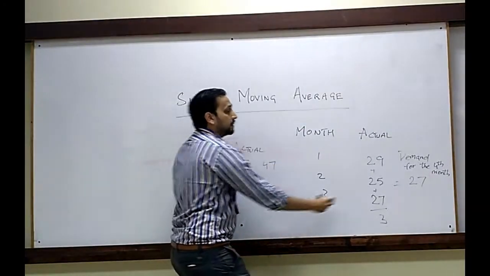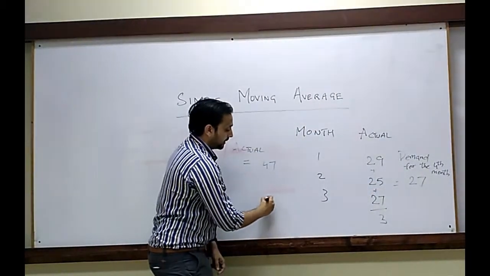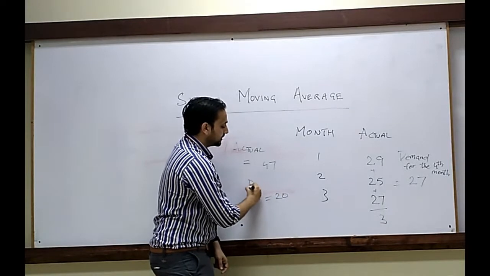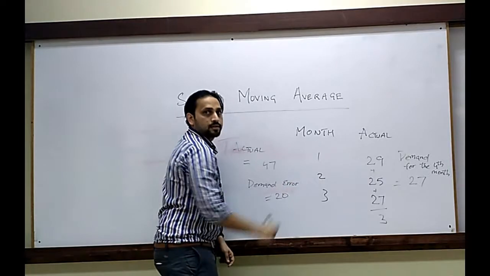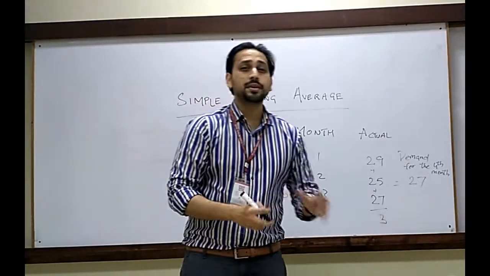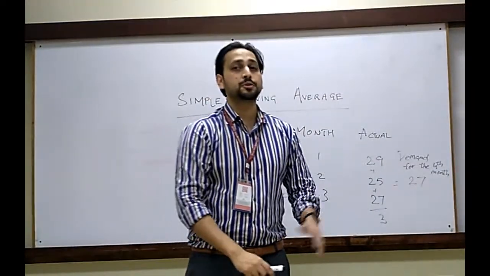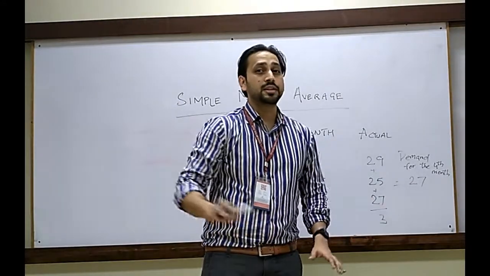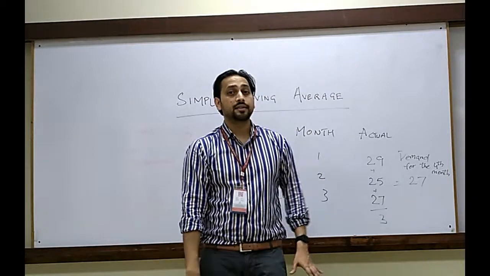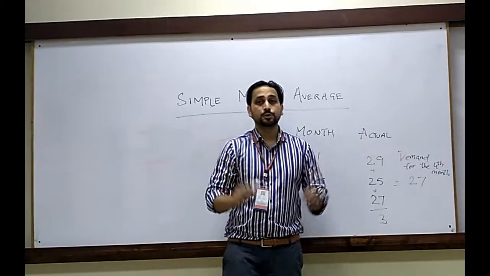Then 47 minus 27 is 20, and this is the demand error. So this is a simple technique, not often used by large-scale companies, but this is a basic technique that can be used in a short setup and in order to smooth out the short-term fluctuations.